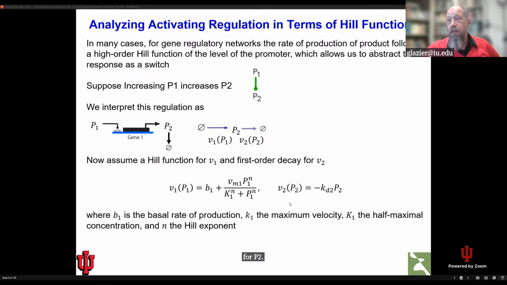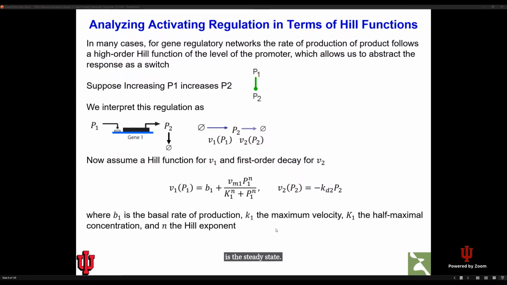So in that case, the steady state will be just the rate of production, B1 plus et cetera, divided by KD2.